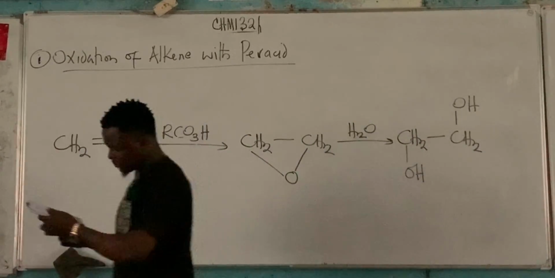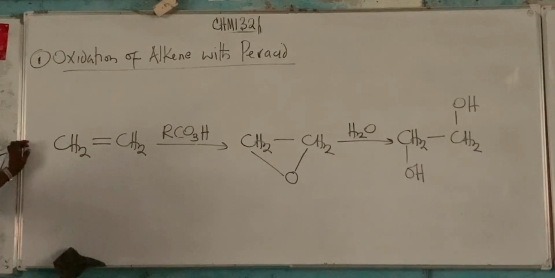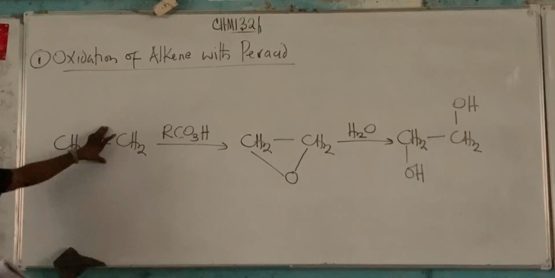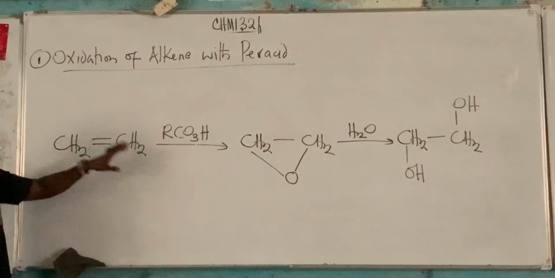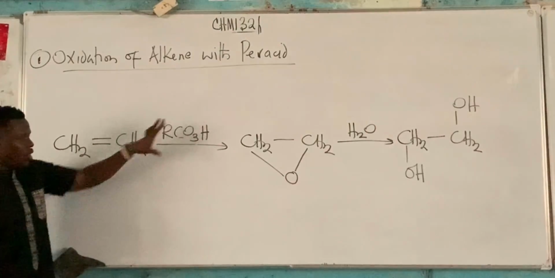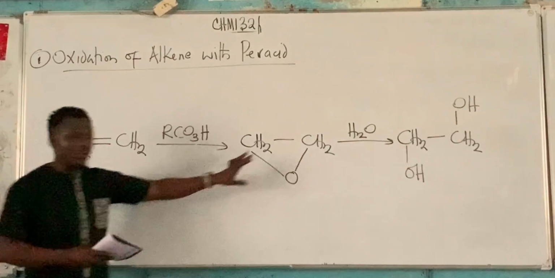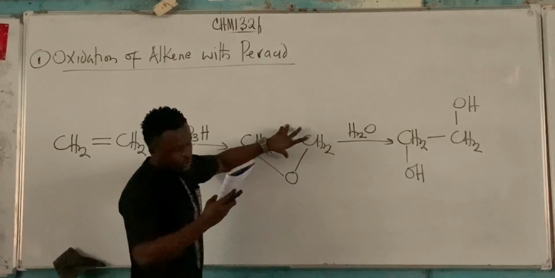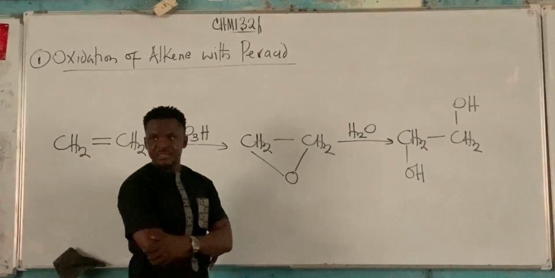So in other words, per acid oxidizes alkenes to epoxides, which open to give trans 1,2-diol in the presence of aqueous acid.